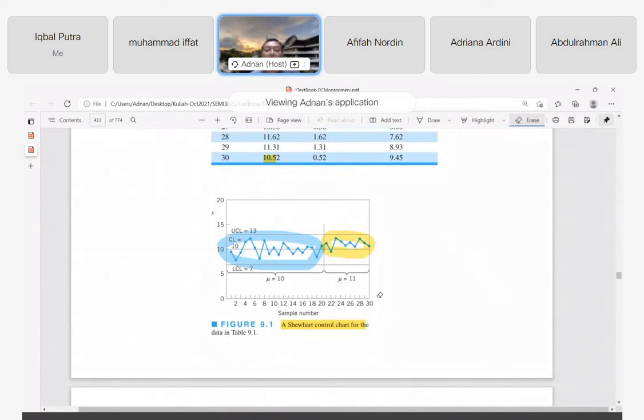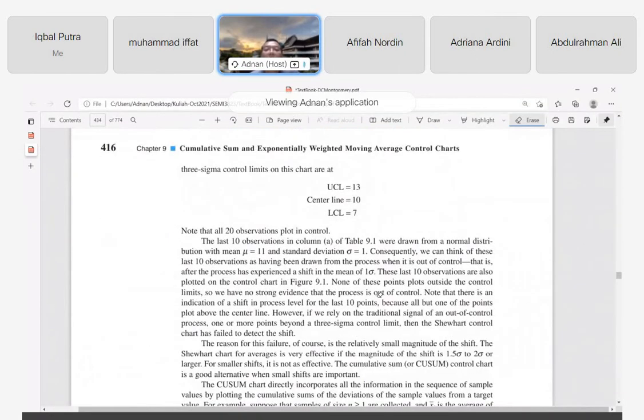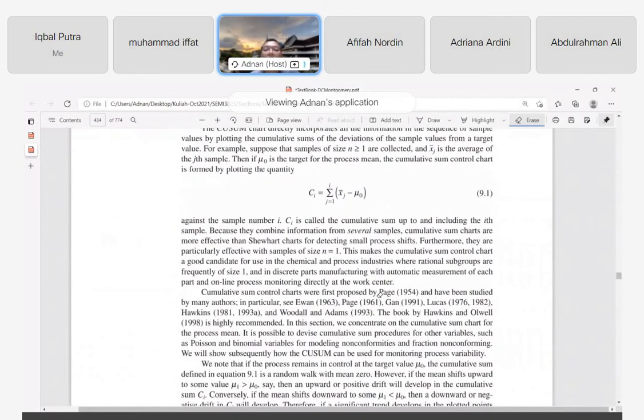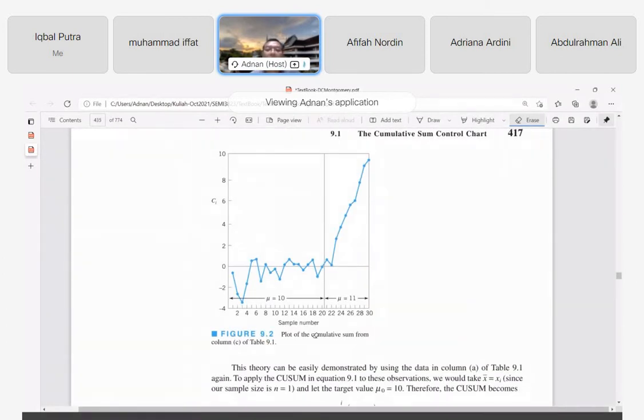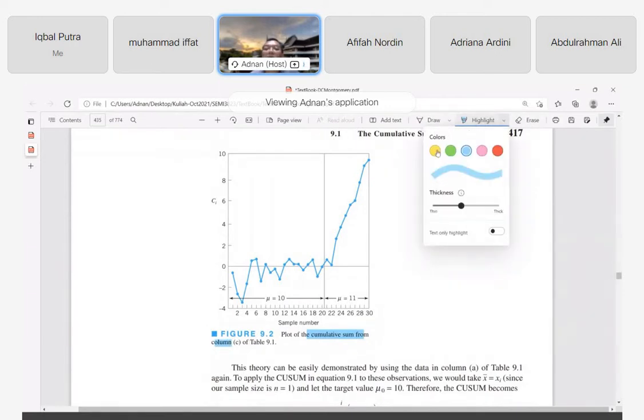But when we plot the same data using cumulative sum, what we get is very clear: after this point, the process is running away.